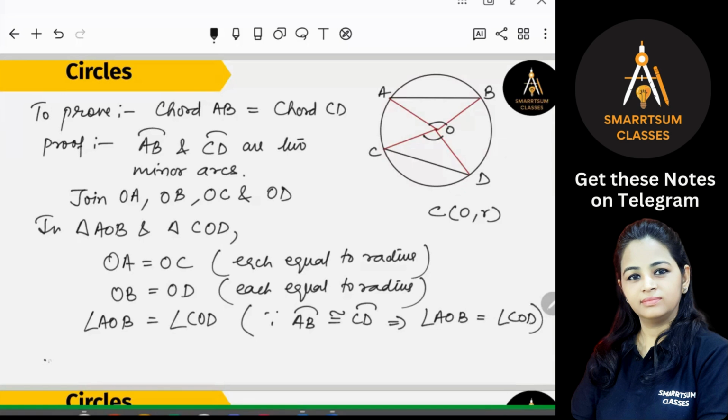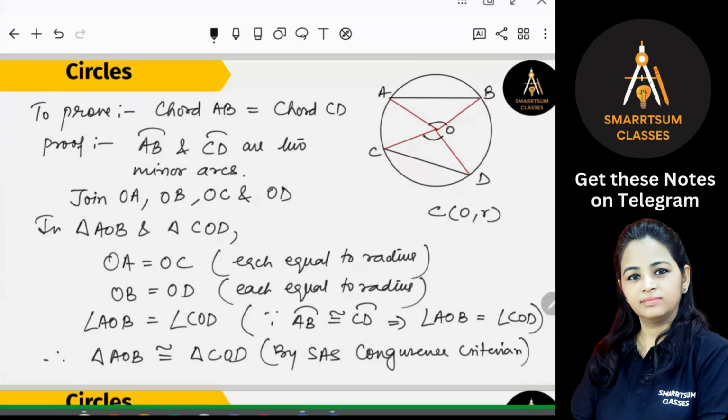Now, from this, we can say that triangle AOB is congruent to triangle COD. By which criteria? By the SAS congruence criteria, side, angle, side. So triangle AOB and triangle COD are congruent to each other by the SAS property.